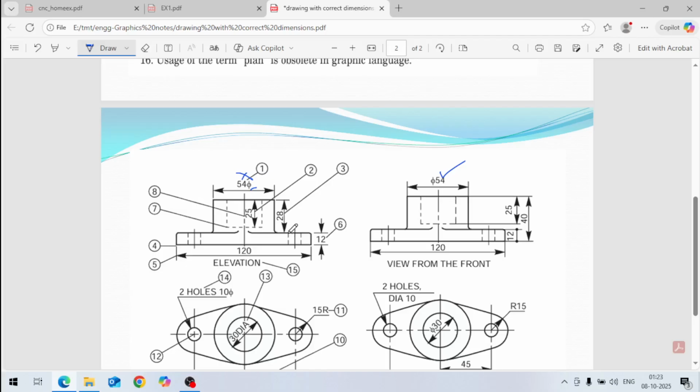We are using the feature as an extension line. This is wrong. Number 2 is also wrong. If you see here, we should give the dimension like this, because this is our extension line like this, so this way we have to give the dimension. And similarly this is 2 and 3 both.